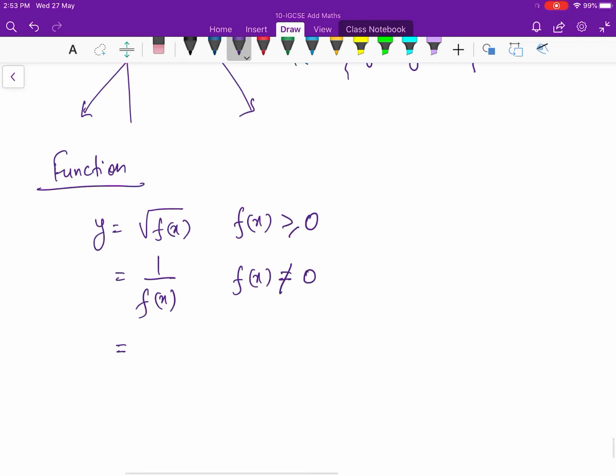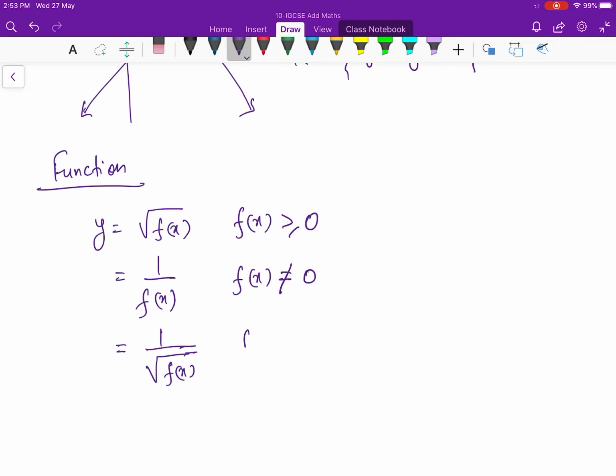Suppose you have 1 by square root of f(x). Now you have to follow two conditions here: you have f(x) in the denominator and you have the square root of f(x) as well.